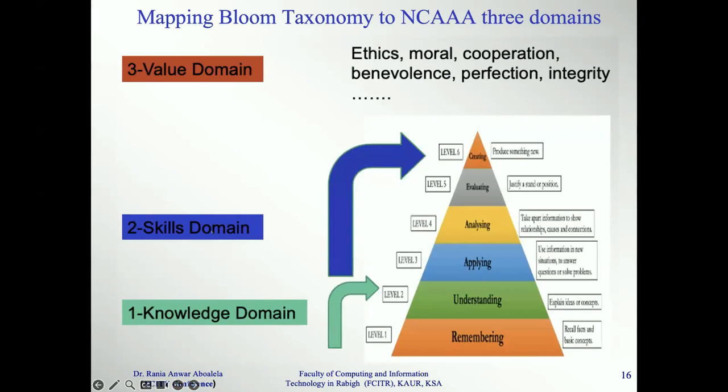The second domain of NCAAA, which is skills, I map with the third, fourth, fifth and sixth levels, which are applying, analyzing, evaluating and creating. So I found the mapping now.